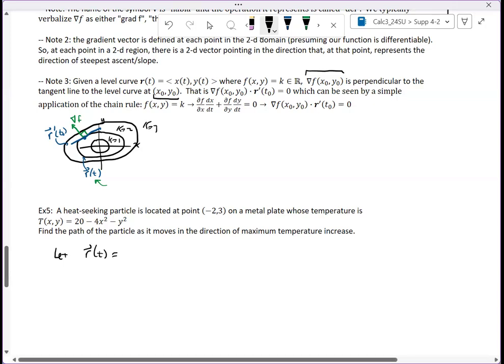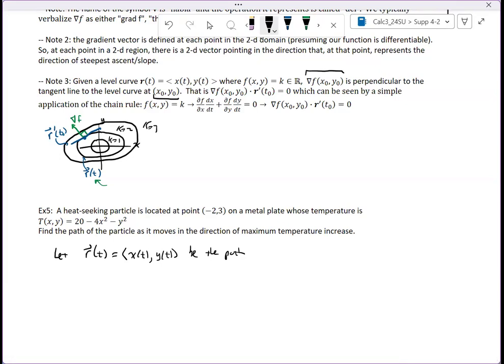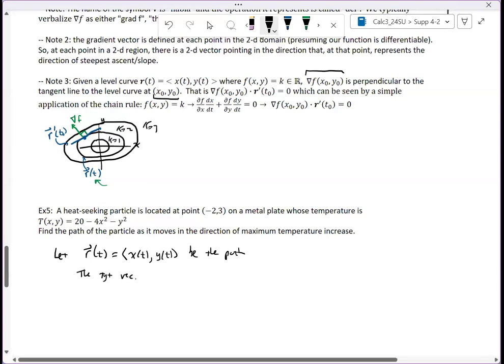Well, let's let r of t be its path. It'll be x of t, y of t. We know that the tangent vector at each point in the path is r prime of t, which is dx/dt and dy/dt evaluated at whatever time t.